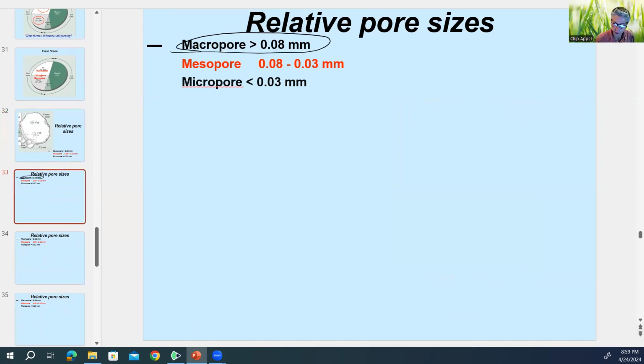Macropores are mostly found in sandy soils, and they're also found in clay and loamy soils with good structure.